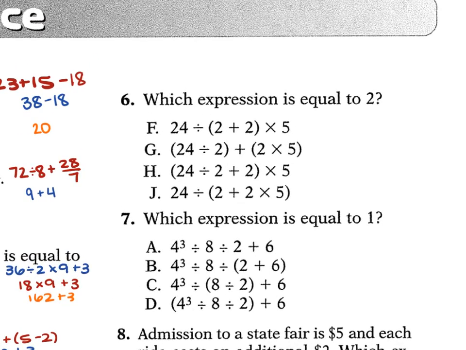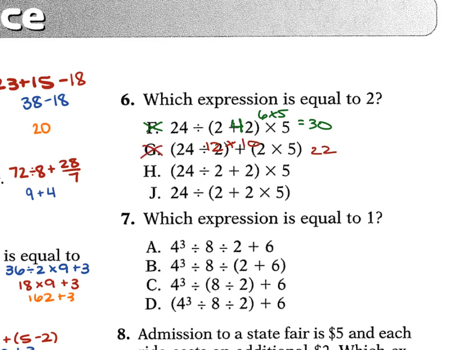6 says, which expression is equal to 2? For F, we have 24 divided by 2 plus 2 times 5, so this would be 4. 24 divided by 4 is 6 times 5 is 30. That's not it. For G, we have 24 divided by 2, which is 12, plus 10, which is 22.